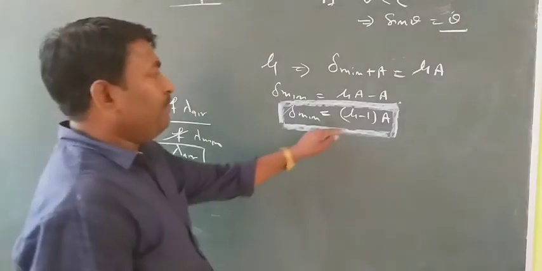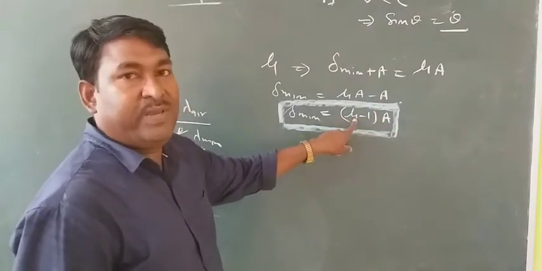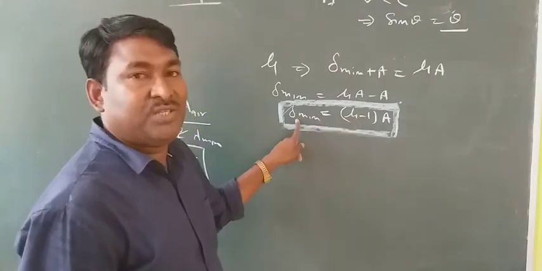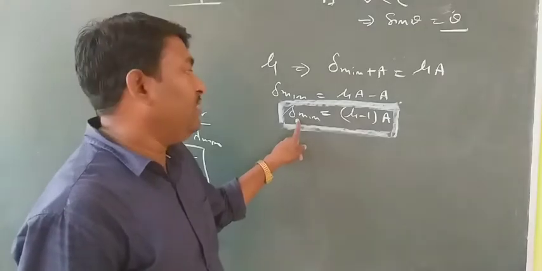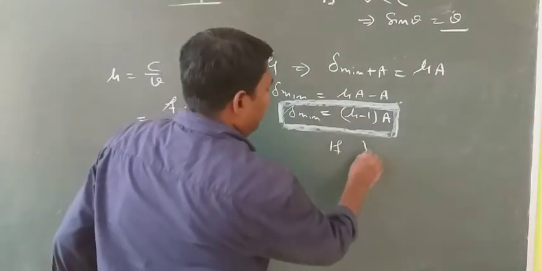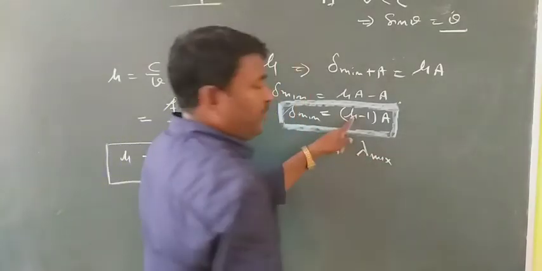So for maximum wavelength, this mu will be minimum. Thus delta, the deviation of that light ray, will be minimum. So if lambda is maximum, mu will be minimum.